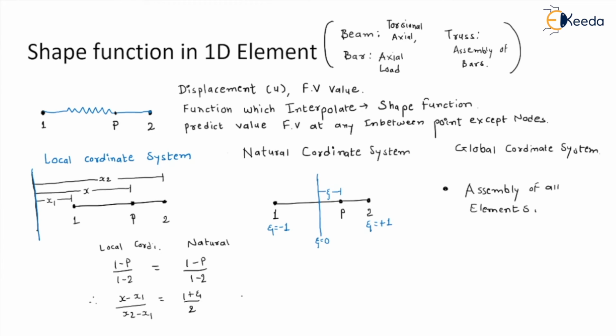So if we want to find the value of the natural shape function, it will be 2 into (x minus x1) divided by (x2 minus x1) minus 1.